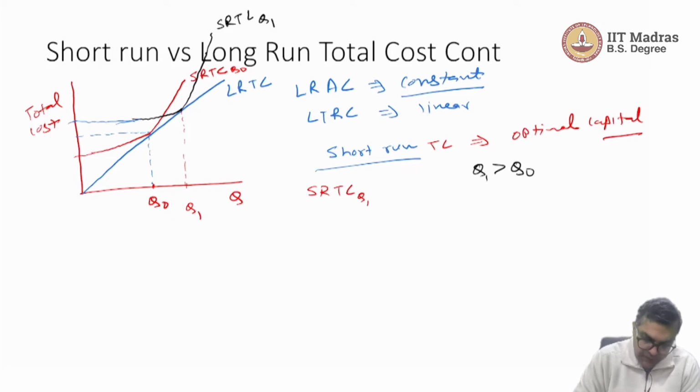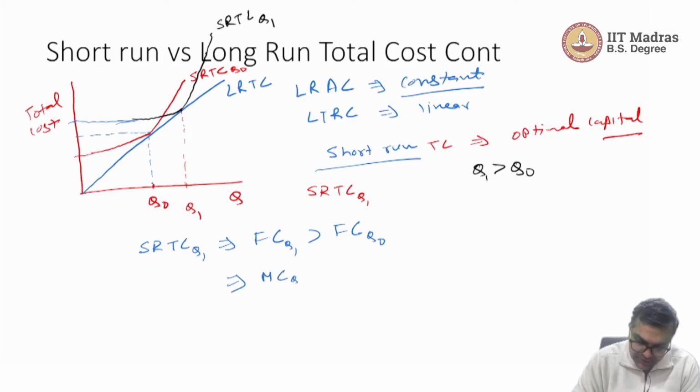Two things that we have figured out: in short run total cost at Q1, the fixed cost is higher than the fixed cost at Q naught. The other thing is that the marginal cost at Q1 is also greater than the marginal cost at Q naught.